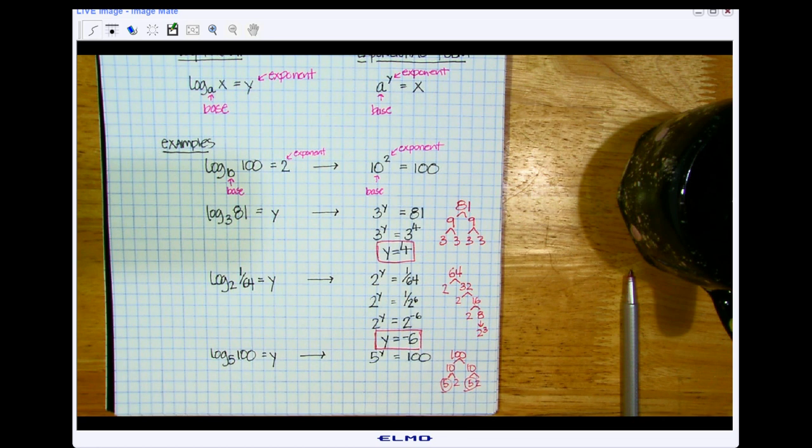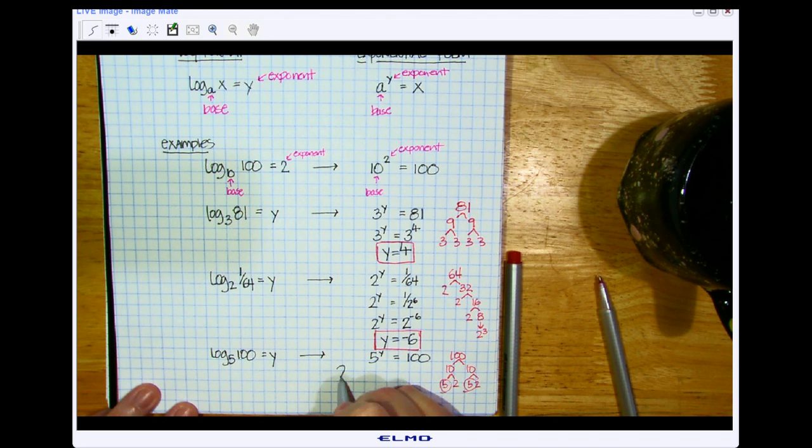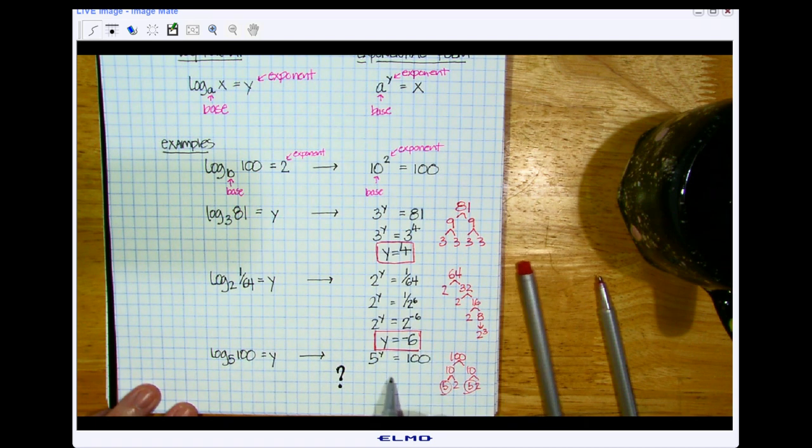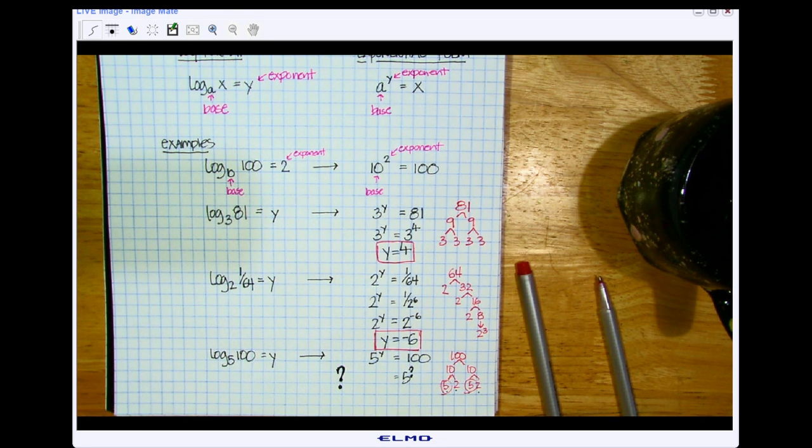I don't have just a base of 5, right? So how do I do this one where I don't have 5 to an even power? Because I've got 5s and 2s. So we need to get some ideas here.